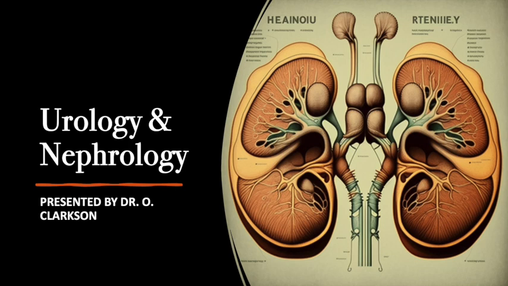They're classified according to the specific types of crystals they contain and fall into 5 major categories: calcium oxalate, calcium phosphate, struvite, uric acid, and cysteine. The most common is calcium oxalate.